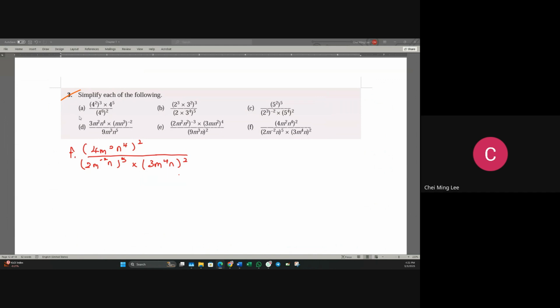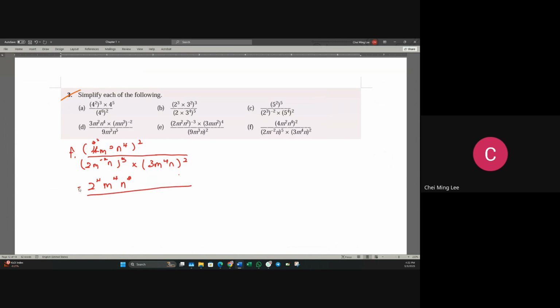All right, so let me check. Now 4 can change into 2 to the power of 2, correct? So this one I can change into 2 to the power of 2. 2 times 2, 4. M to the power of 2 times 2, 4. N to the power of 4 times 2, 8.